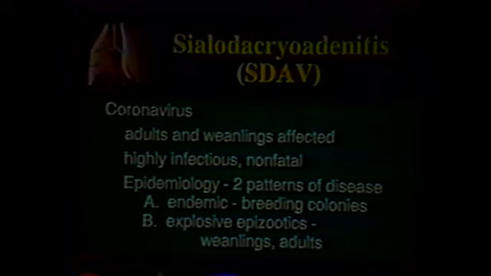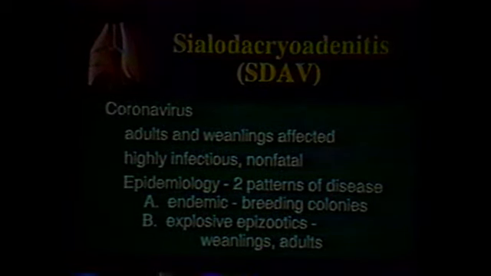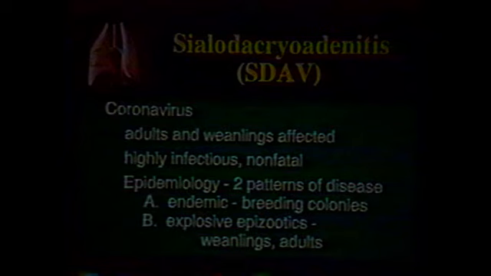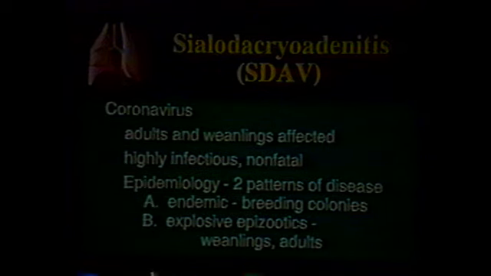And in my experience, there are two patterns of disease expression that we see in this. One is an endemic infection in breeding colonies, which tends to be low level and very often may be overlooked. And then there are the explosive epizootics in weanlings and young adults, and that often is what is clinically visible, okay?